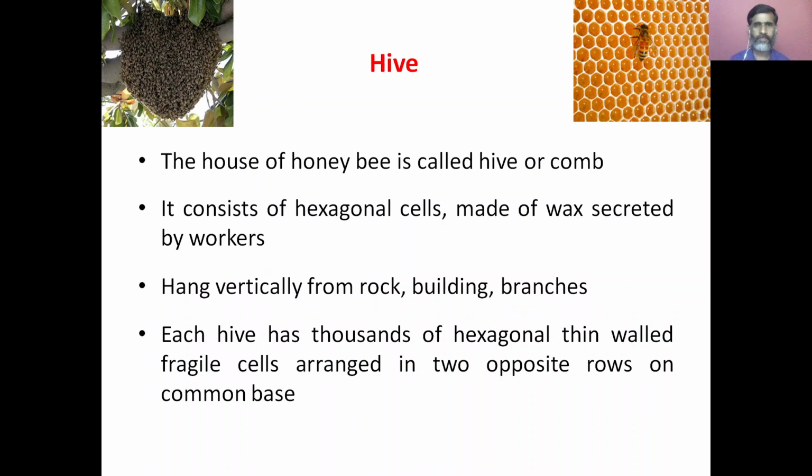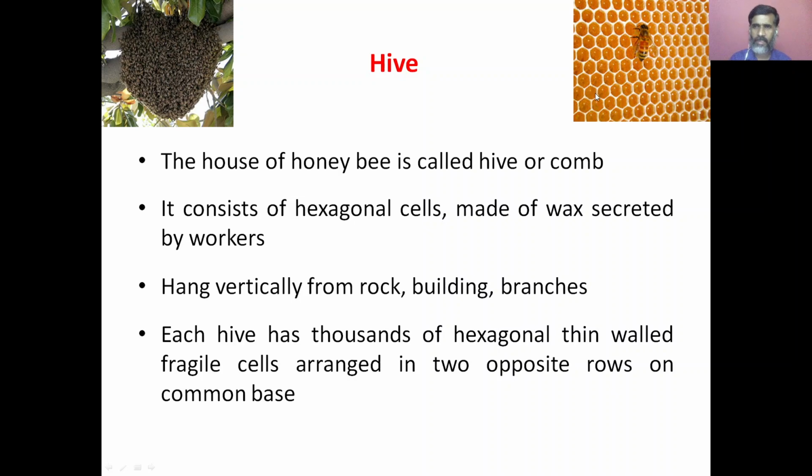Then comes the hive. The house of the honeybee is called a hive, or it is also called a honeycomb. You can see this consists of hexagonal cells.